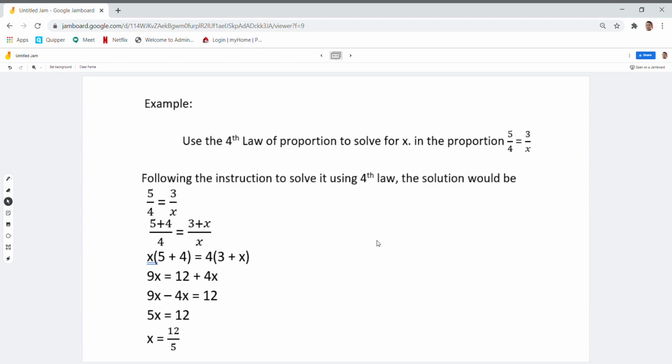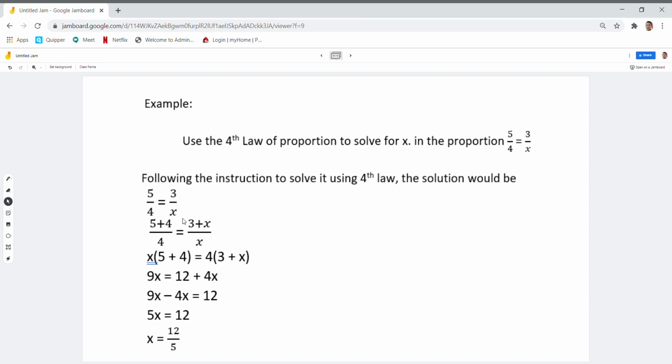Use the fourth law of proportion to solve for x in the proportion 5 is to 4 as 3 is to x. Following the instruction to solve it using the fourth law, the solution would be 5 is to 4 as 3 is to x.